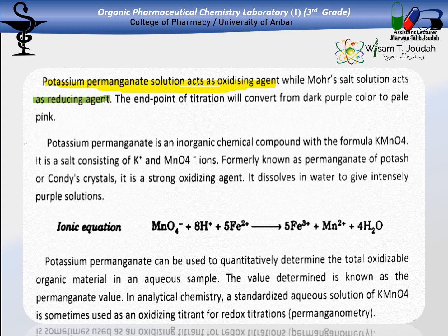Potassium permanganate is an inorganic chemical compound with the formula KMnO4. It's a salt consisting of potassium and MnO4 as a negative ion. So we have already mentioned this point, formerly known as permanganate of potash or condy's crystals.